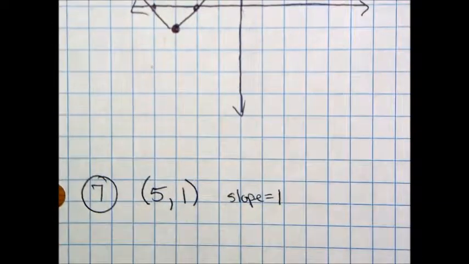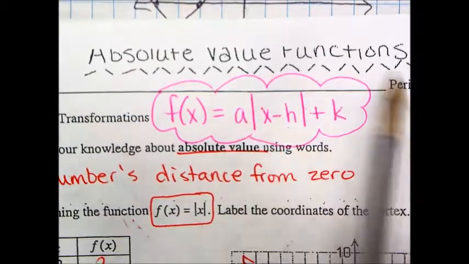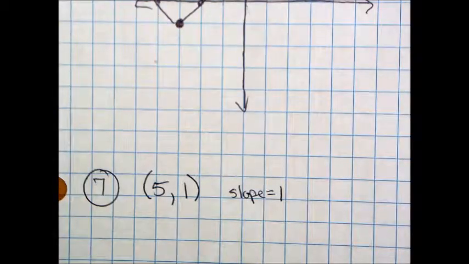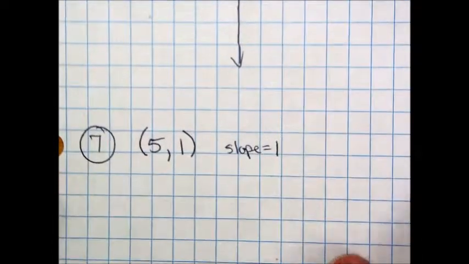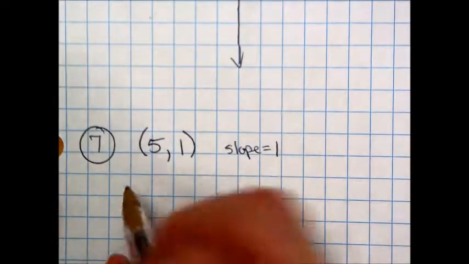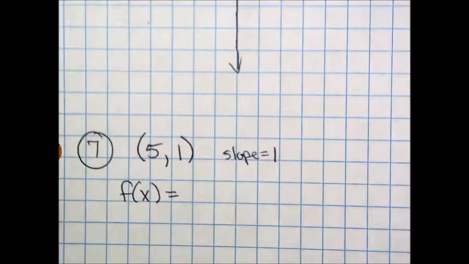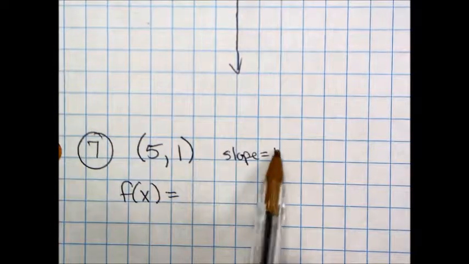Here's all you've got to do. If you want to go back to what I had you write in your notes, you literally fill in the A, the H, and the K based on those 3 things I just had you look at. I don't care if you write g of x or f of x. But the slope goes in front.